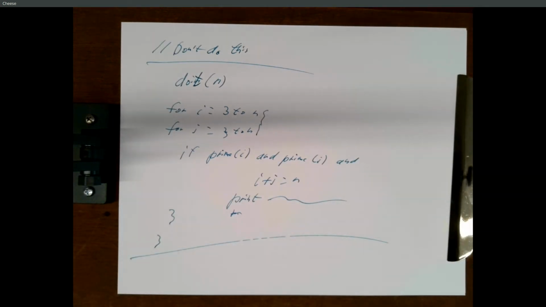That is incredibly inefficient. This is taking every odd number from 3 up to n, and every odd number from 3 up to n, and for every pair of those, seeing if the two numbers are prime, and if they are, seeing if they add up to our number n. It works, it's logical, it makes sense, but it's really inefficient for the following reasons.